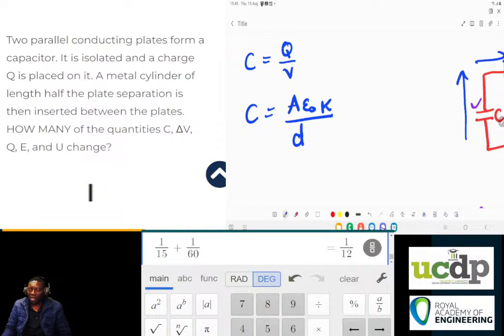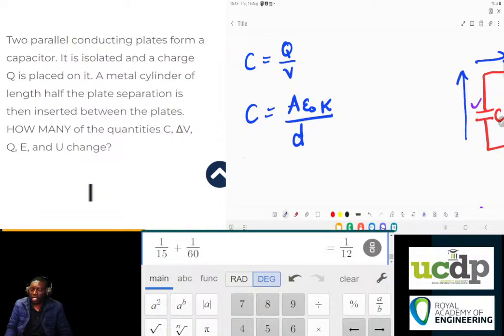Then it will also be affected by the dielectric constant, which is introduced by K. Because this epsilon naught is basically the free space permittivity, but then we talk of the dielectric constant, which is introduced by K. So the moment we introduce the dielectric constant, we also increase the capacitance.